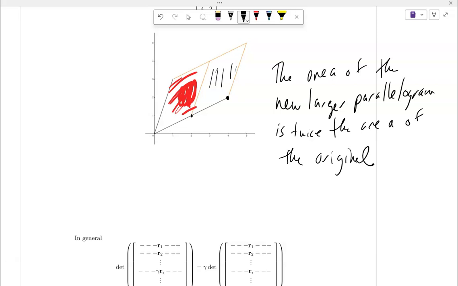Twice the area. What did we do to the row again? What do we do to row 1 relative to the original matrix? Multiply by 2. So notice we multiplied the row by 2. It made the area twice as big.